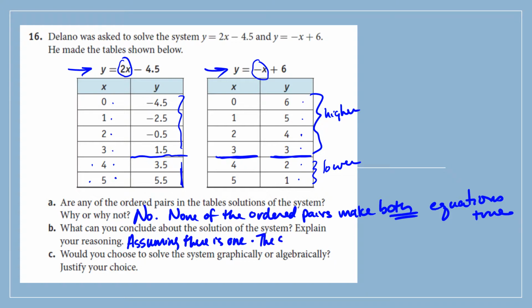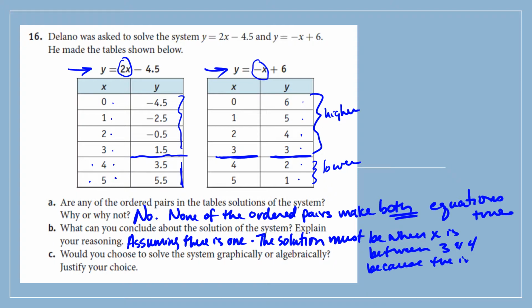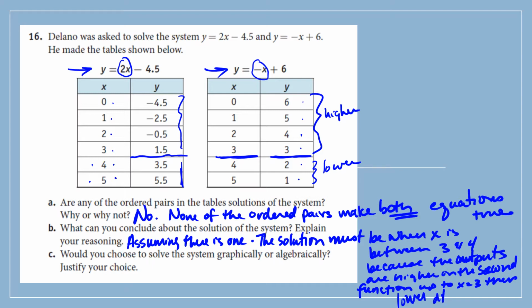So the solution must be when x is between 3 and 4, because the outputs are higher on the second function up to x equals 3, than lower at x equals 4. So the other line must have crossed it and become higher at that point.